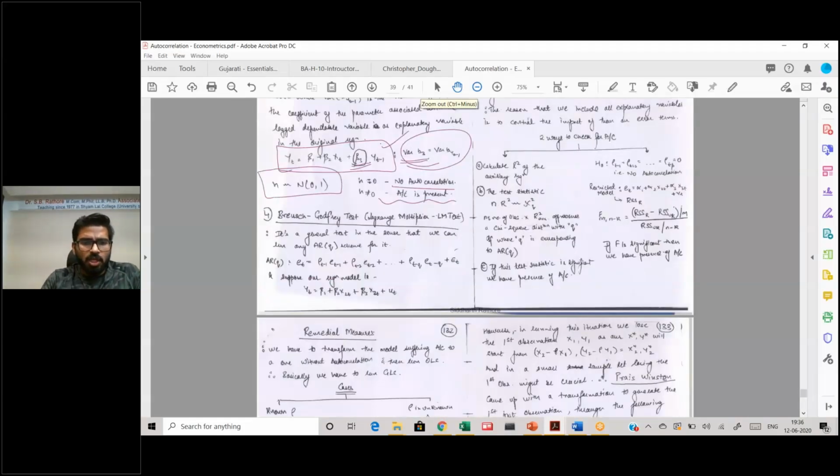Now coming to the Breusch-Godfrey test, which is also called the Lagrange multiplier test. The Lagrange multiplier test is used when you have an AR(q) scheme. Remember, in the case of the d statistic, you can only have AR(1). Only the previous period lag term can be there.